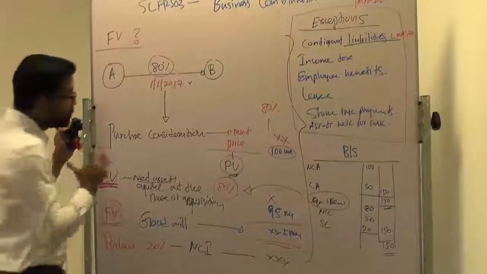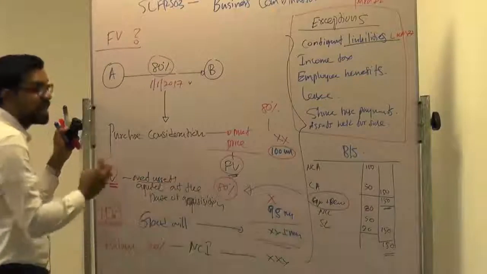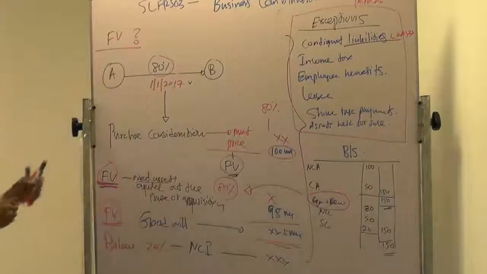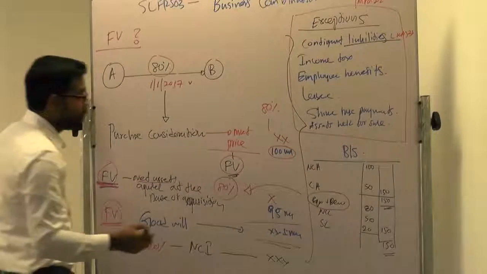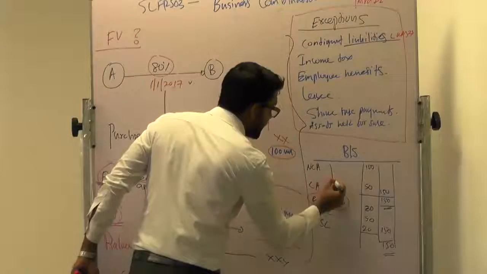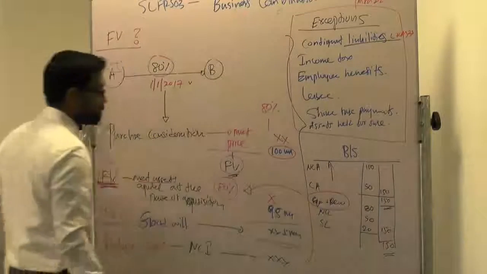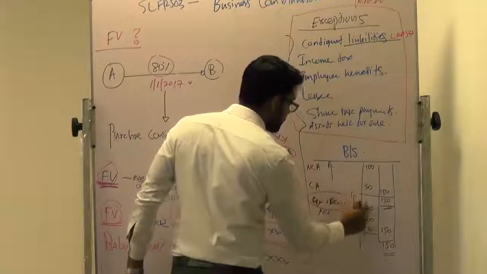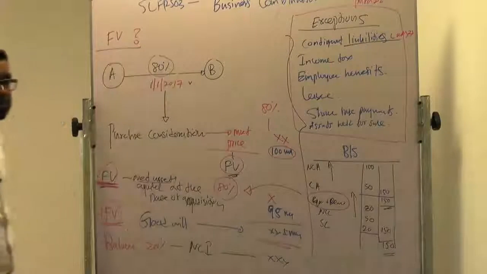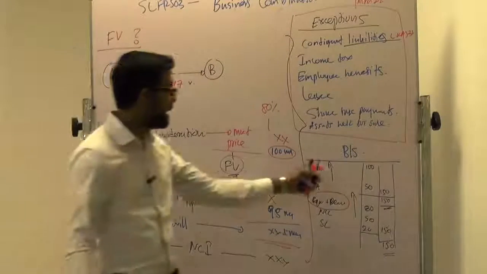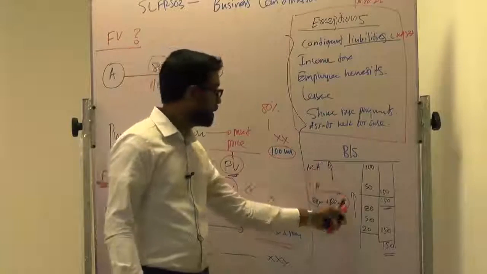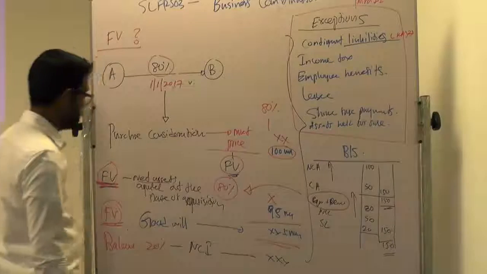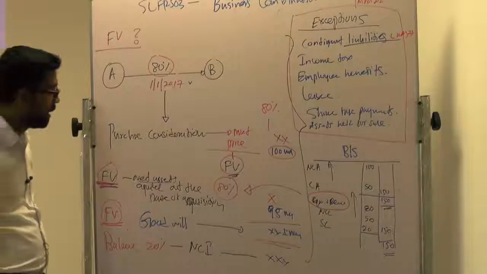But the exception is this. When you prepare consolidated financial statements, when your assets increase, your equity also will increase. Let's say revaluation gain: debit asset, credit capital reserve, equity increases, net assets increase.